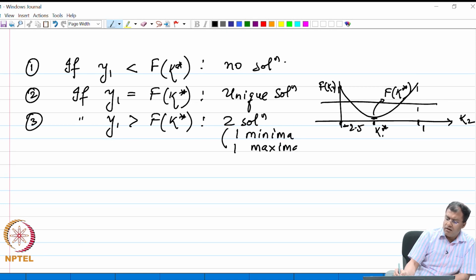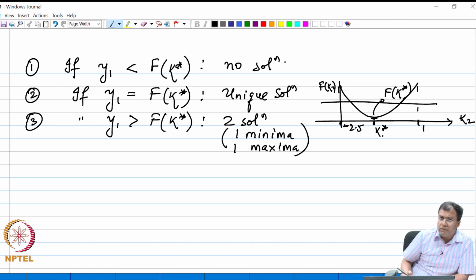We do not know which one is minima or maxima, but later on when we introduce the second variation or the sufficient conditions for the functionals, we will revisit this catenary problem to show that one of the solutions is indeed a minima and the other is a maxima.